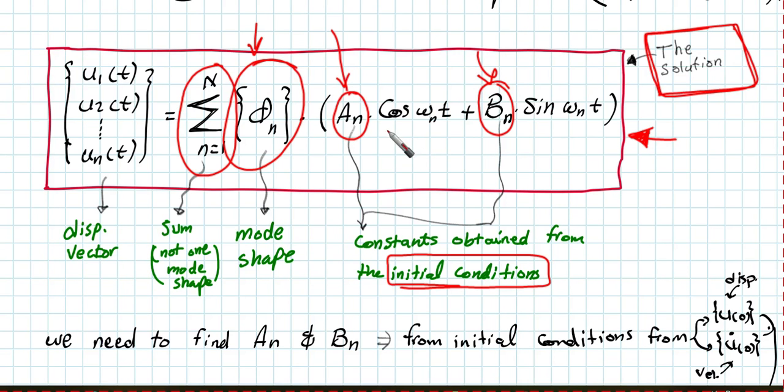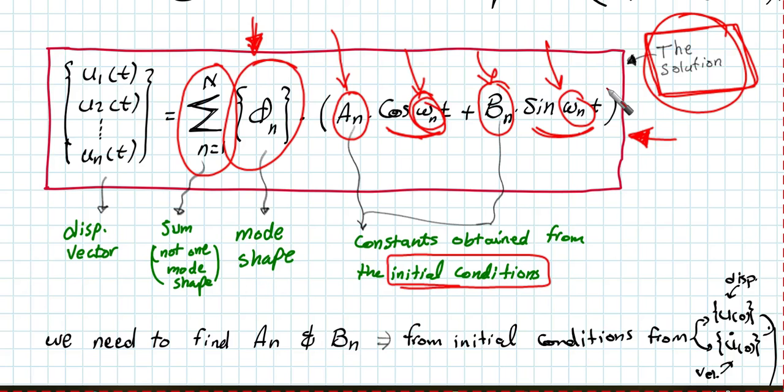Then the response itself is sinusoidal because we have cosine and sine. And the last thing is the effect of the natural frequency of the mode shape itself. So every mode shape contributes with its modal amplitude and natural circular frequency. This is the general solution of our equation.